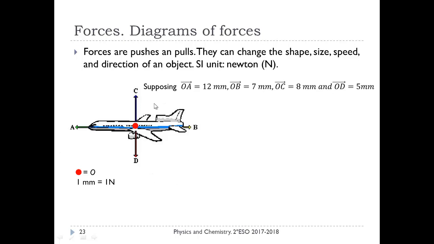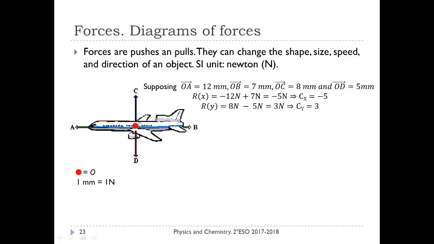So how do we do that? The movement on x, I'm going to call it R over x. It's minus 12 newtons, because in the Cartesian plane A would be negative on x, plus the 7 of OB, which in the Cartesian plane would be positive. It's minus 5 newtons on the x component. And on the y-axis it would be the same.